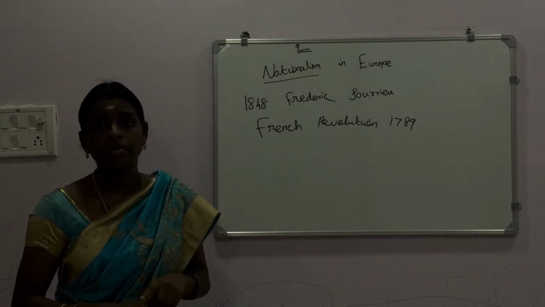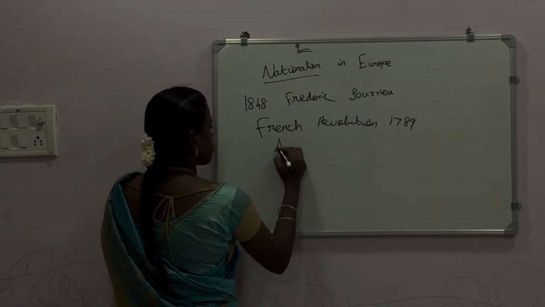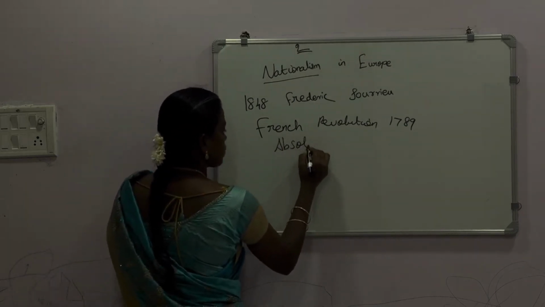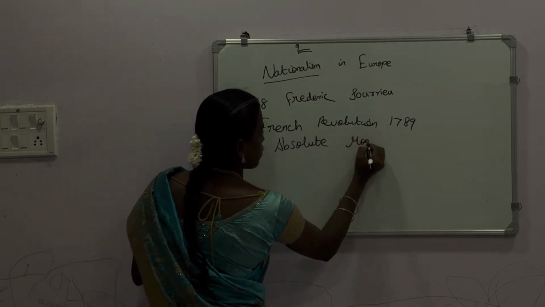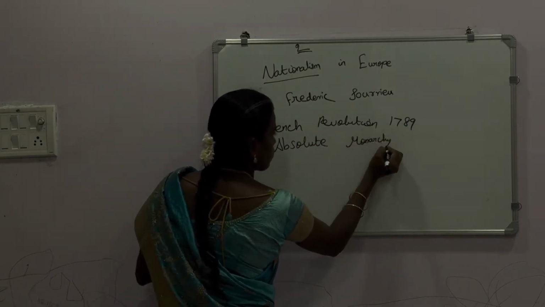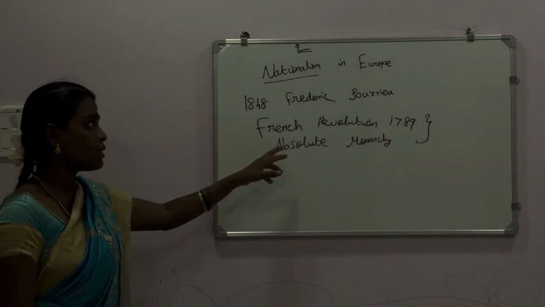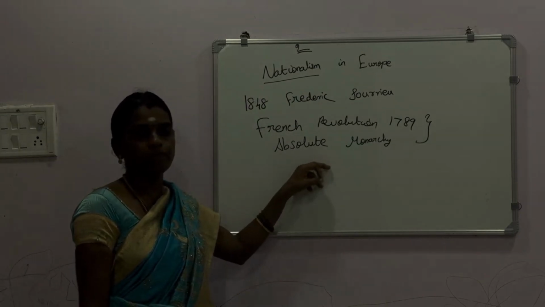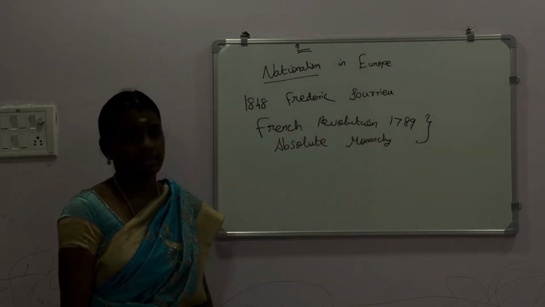That's the second part: there was an absolute monarchy. So these were the two points which prevailed in those times, especially in 1789.